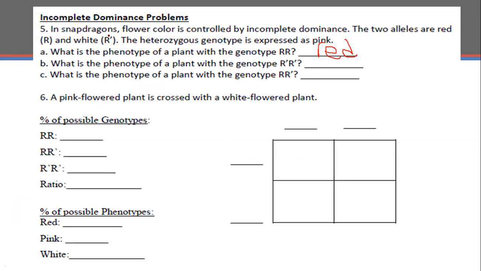R dash R dash is white. What about R, R dash? What do you think? Will it be white spotted with red, or will it be pink, incomplete blending pink?